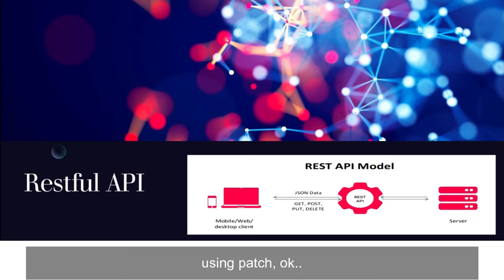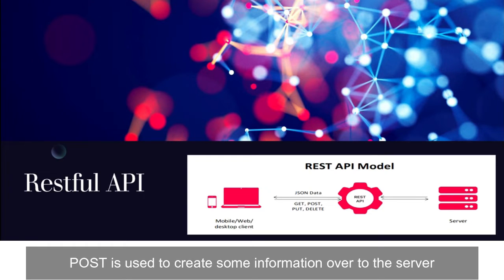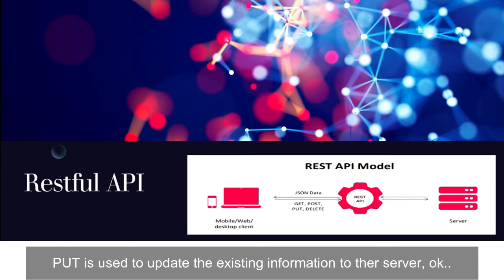GET is basically used to retrieve data from the server. POST is used to create some information on the server. PUT is used to update the existing information on the server.